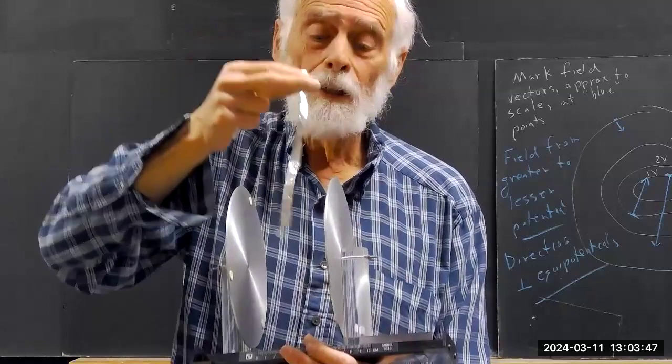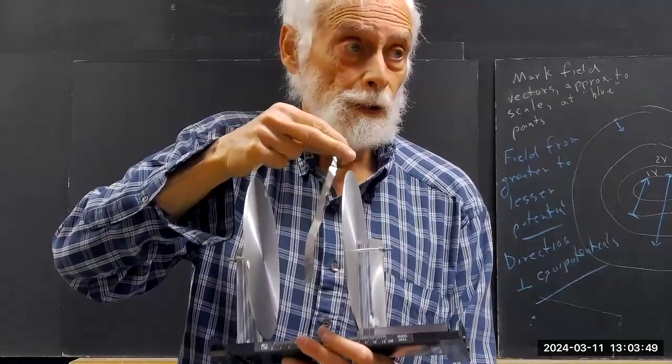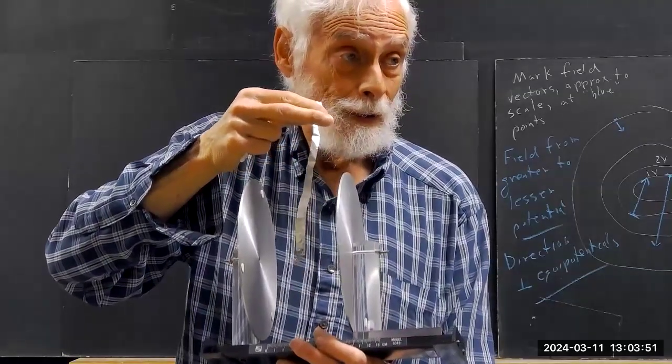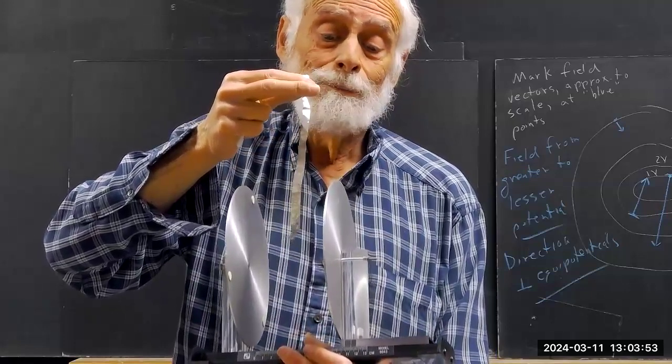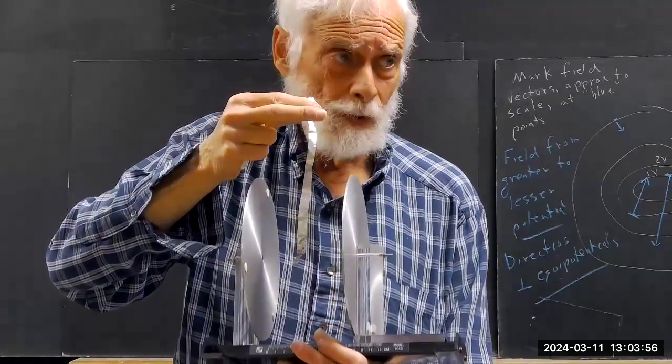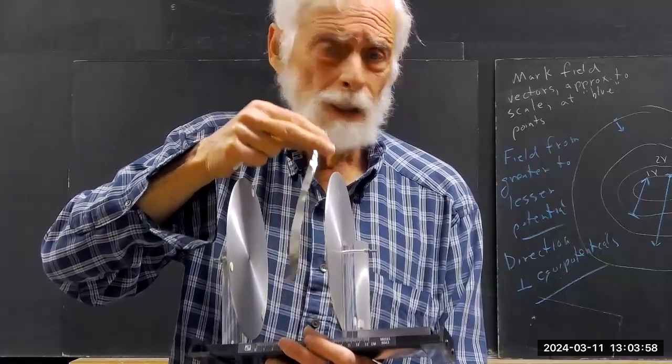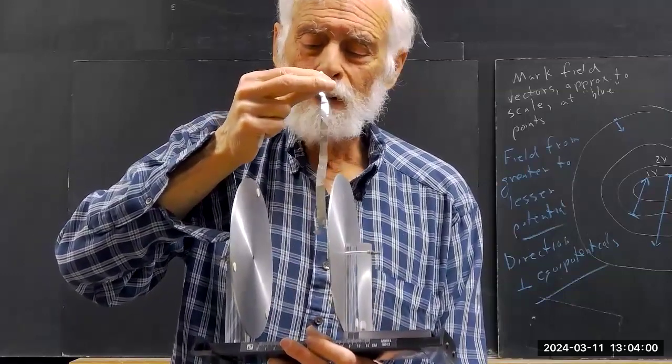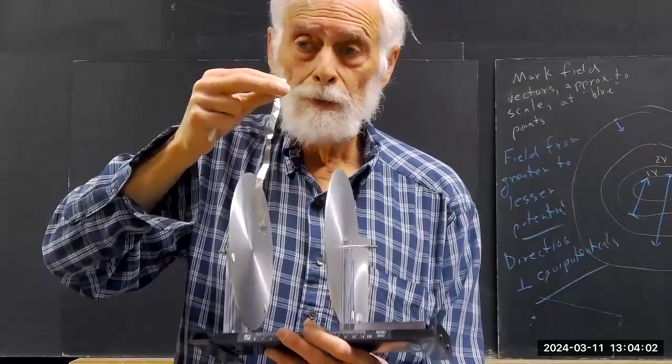This thing has a much smaller surface area than this does. So you're not going to take enough negative charge off of this thing to neutralize all the positive charge on this thing. So it gets repelled, so it bounces over to this one.